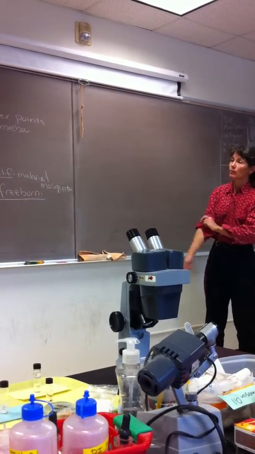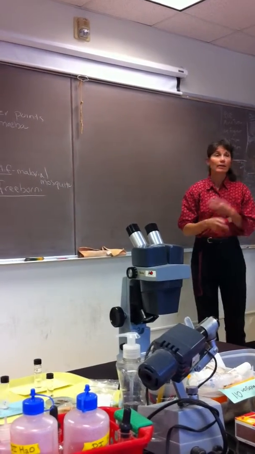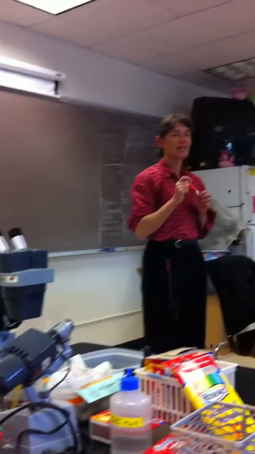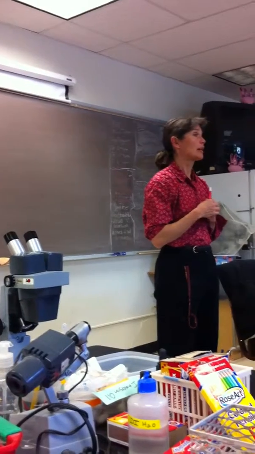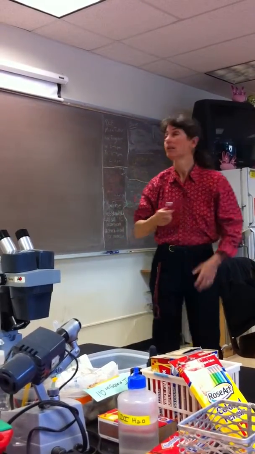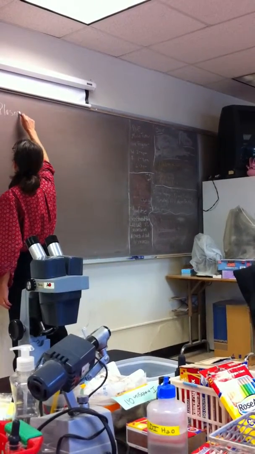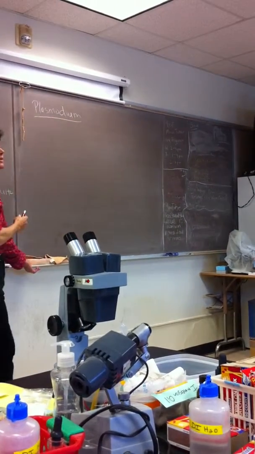Okay, so the malaria life cycle is very complicated, and on the Protist handout, the last page has a cartoon of the malaria life cycle. I'll just cartoon it briefly on the board, but you can just use your handout. So the Plasmodium life cycle has two distinct phases.